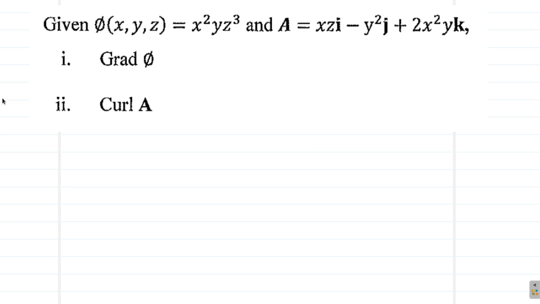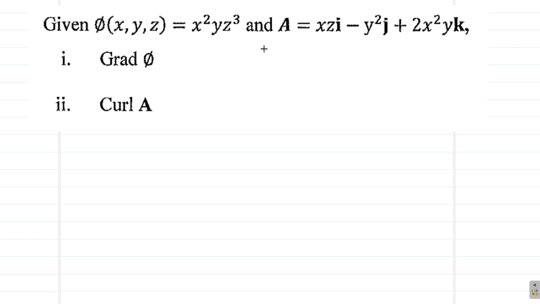Now, notice you're asked to find the grad of the scalar. Alright? Because when you find the grad of a function, it's a scalar function. You find the curl of a vector function. When you find the grad of a scalar, you get a vector.